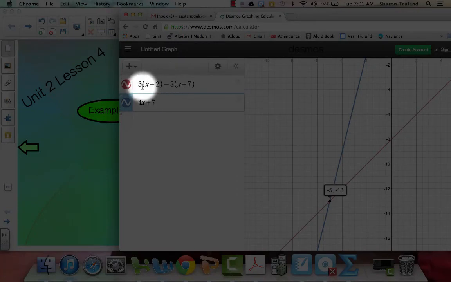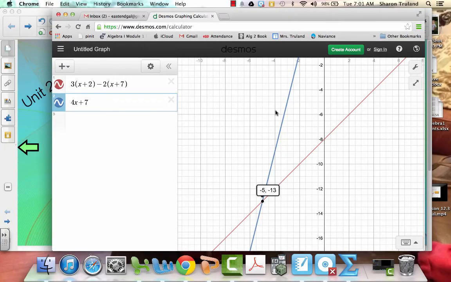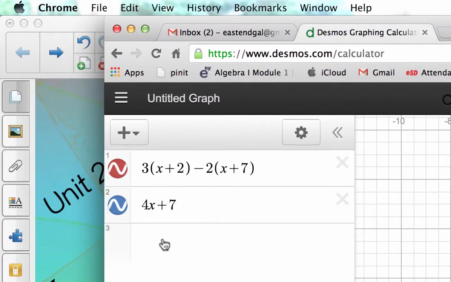There it is, in red is the left side, and here in blue is the right side. And then if I come over here and look, that's where they cross, where the x value is -5. Now notice there's a y value here of -13, but there is no y value over here. So we're not really worried about the y values. They were only asking us what are the x values.